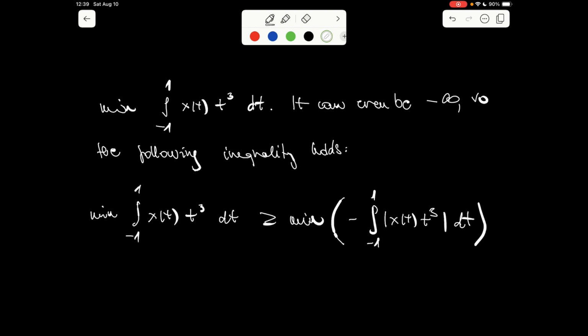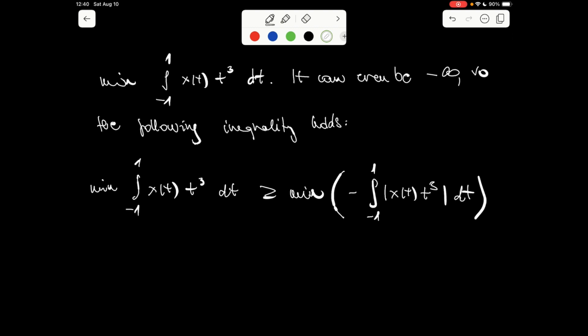Okay, the integral on the right ranges from 0 to minus infinity, and the integral on the left hand side cannot be lower than minus infinity, but it can be positive, even positive, we don't know.